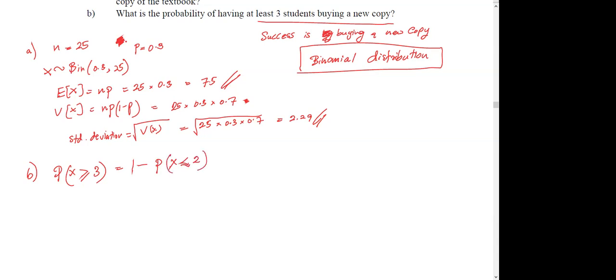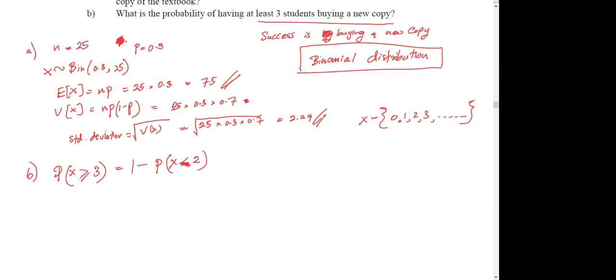Why does this become less than or equal to? Because these are discrete numbers. So less than 3 means less than or equal to 2, because copies are like 0, 1, 2, 3, whatever, up to n.